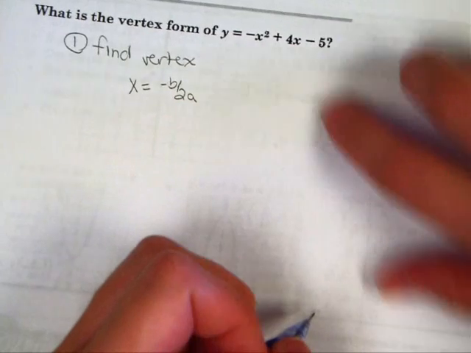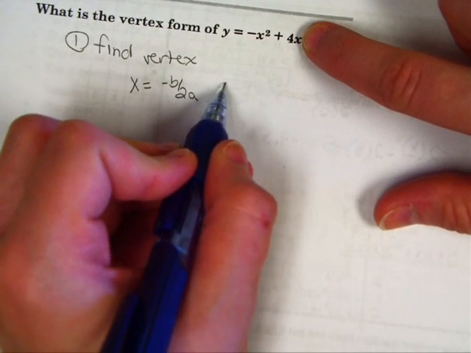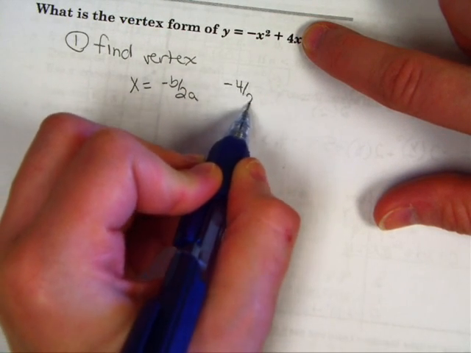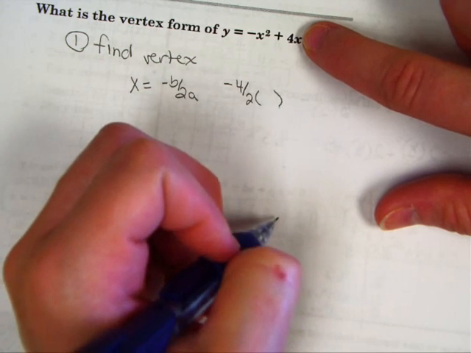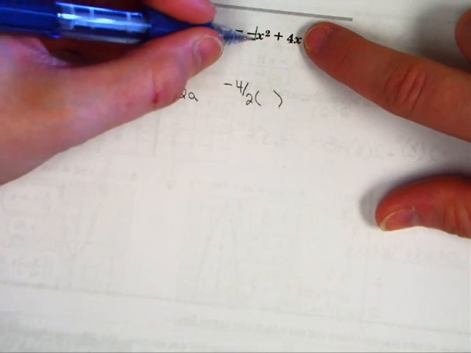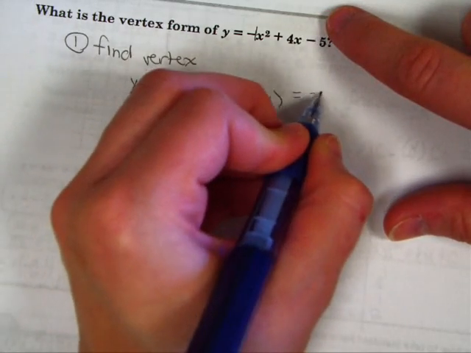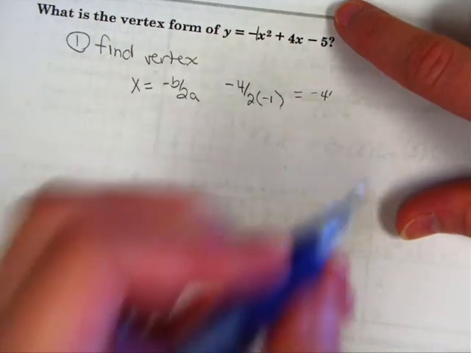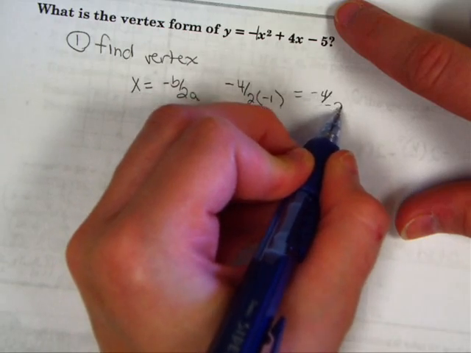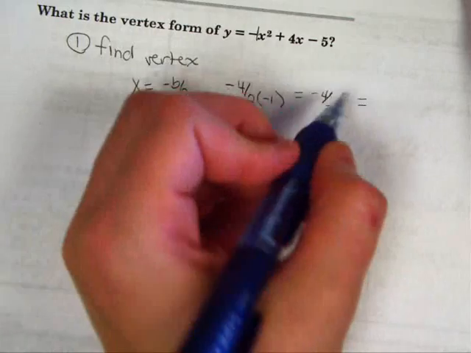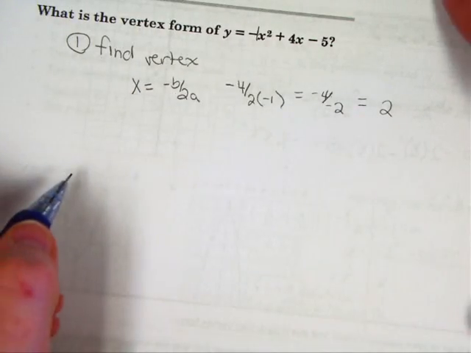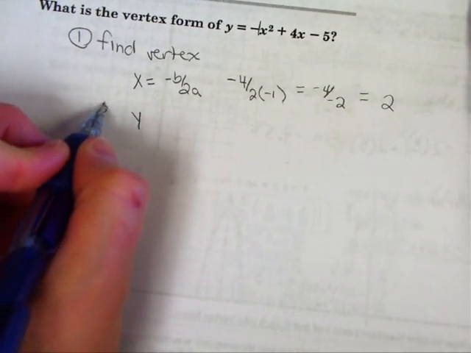Well, b is a 4, so we're going to do negative 4 over 2 times a. Now this time, don't forget a is a negative 1. So we get negative 4 over negative 2, which equals a positive 2. To get y, you have to plug it in.